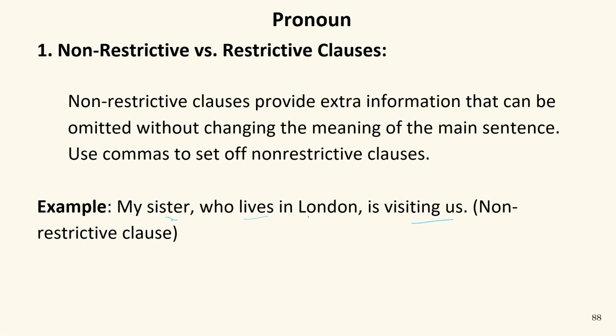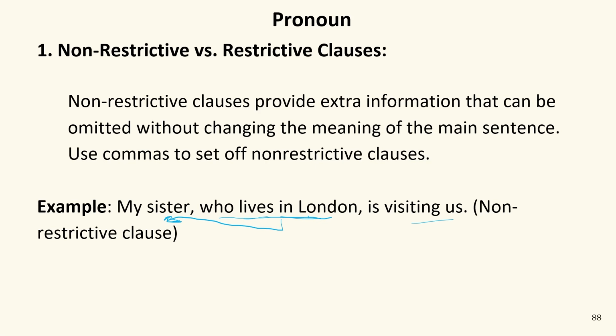Now, if I say my sister who lives in London, it means this phrase, who lives in London, is actually giving us the extra information about my sister. I can omit this part from the sentence. That doesn't affect the sentence at all. For example, if I say my sister is visiting us, then also the sentence will be the same.